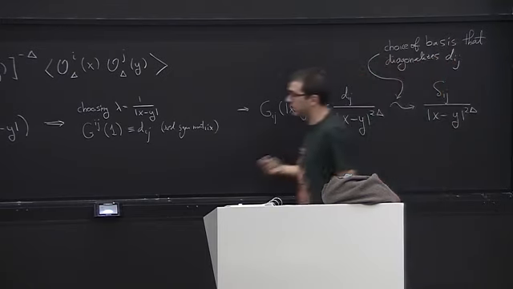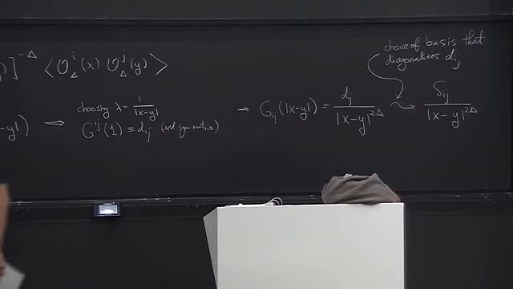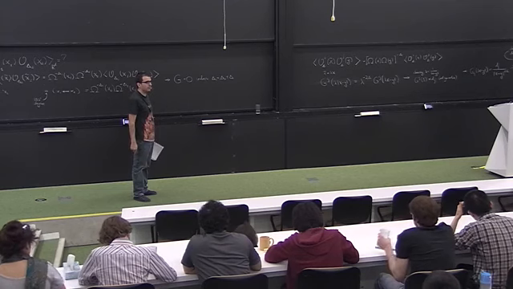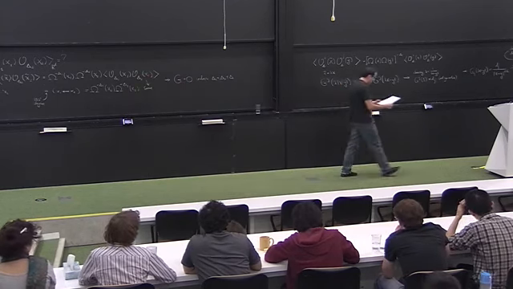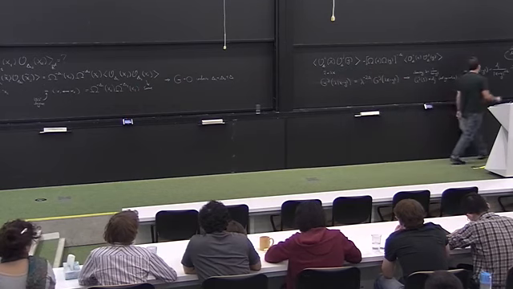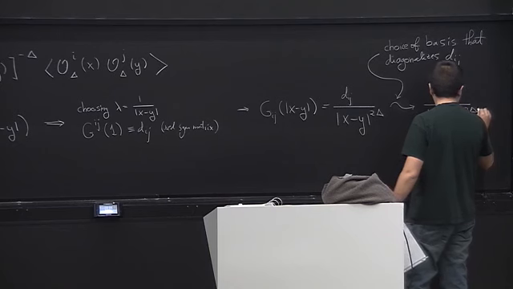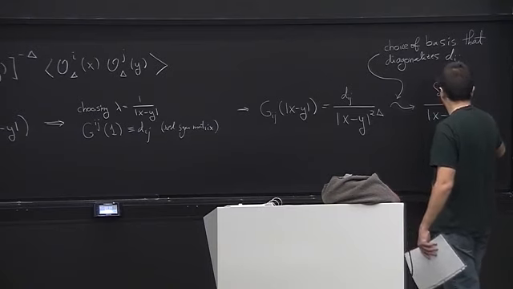So it's always possible to find the basis of vectors that diagonalize this matrix Dij, such that at the end of the day, the correlation function Gij is just delta ij over x minus y to the power 2 delta. This is an extremely important result.